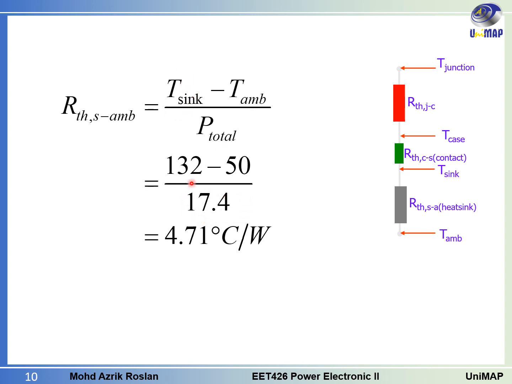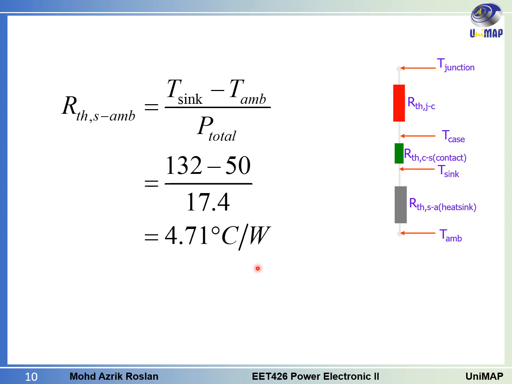The heatsink temperature is 132, and the ambient temperature is 50 degrees. When we solve this equation, RTH sink to ambient is equal to 4.71 degrees C per watt.